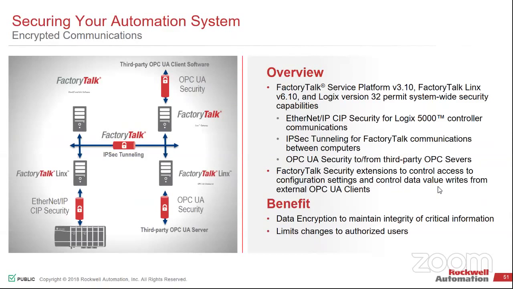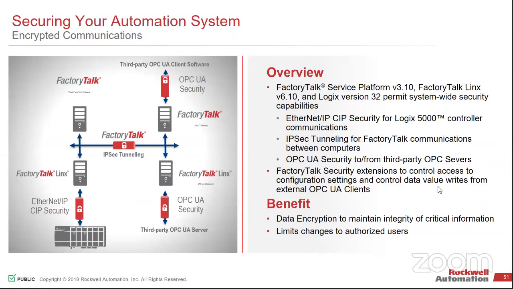So if we look at the screen here, in between these 4 workstations, these 4 computers in this environment, we're going to have IPsec tunneling, and that's going to be for workstation to workstation secure communications. As we go from a workstation via FactoryTalk Linx to my Logix L8 down here, we'll cover CIP security on EtherNet/IP.